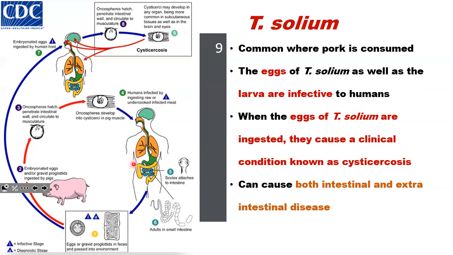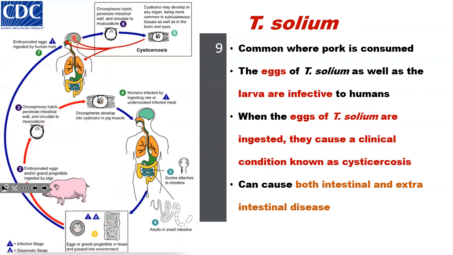Now, what happens when humans ingest the eggs? If these eggs contaminate our food or water, then we become an accidental intermediate host. So the larva form is going to form as it would have in the pig. But in this case, it's forming in the human.